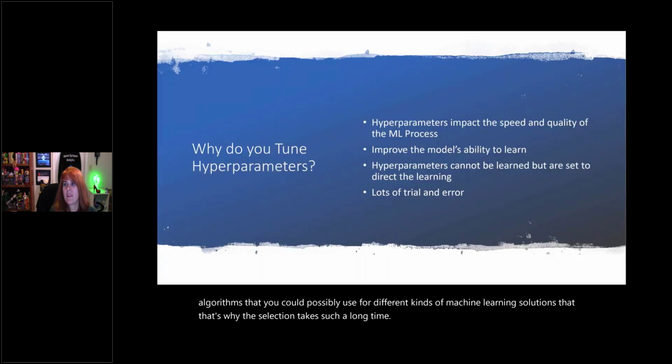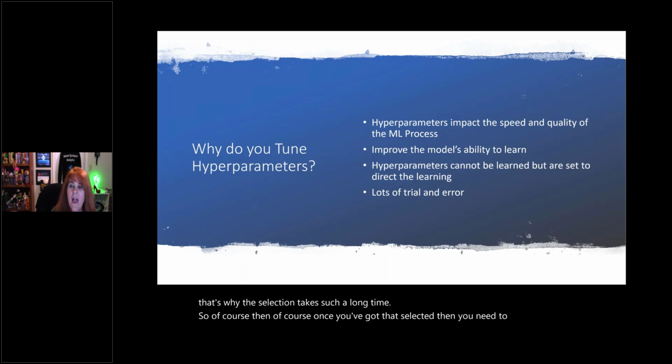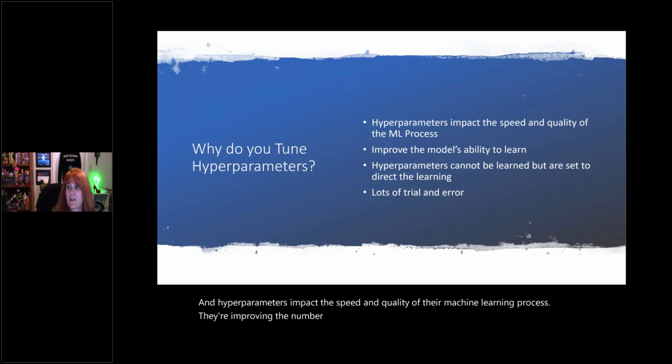So of course, once you've got that selected, then you need to tune your hyperparameters. And hyperparameters impact the speed and quality of your machine learning process. They improve the machine's ability to learn. For example, let's say you're doing something like a decision tree. Well, you may specify the depth of the tree.